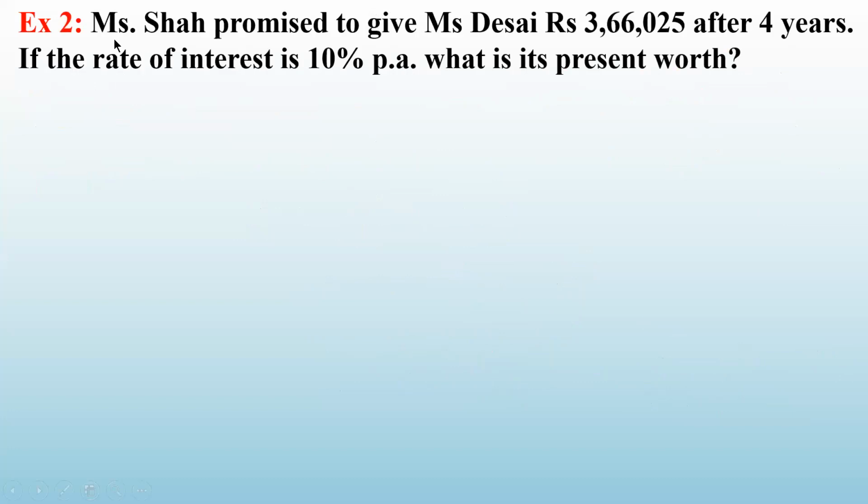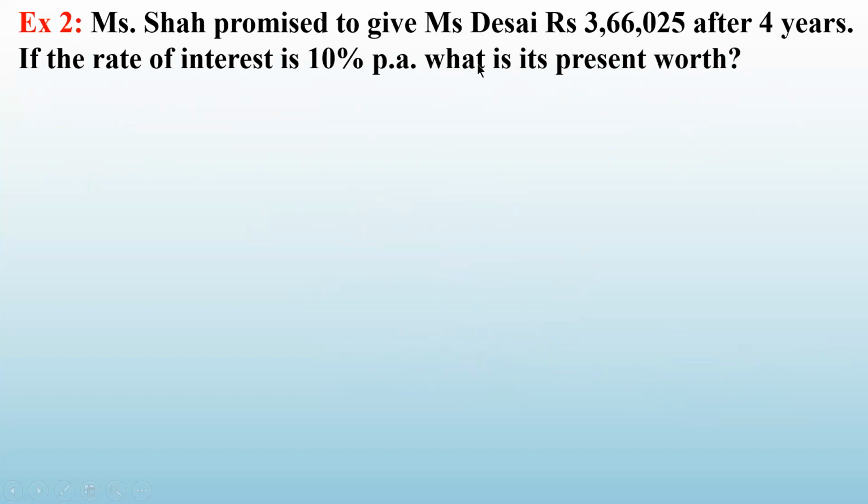Second question. Ms. Shah promised to give Ms. Desai rupees 3,66,025 after 4 years. If the rate of interest is 10% per annum, what is its present worth? In this question, Ms. Shah promised to pay this much amount after 4 years, so this is the future value.